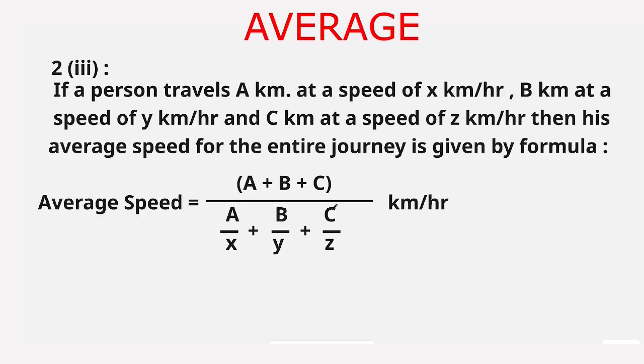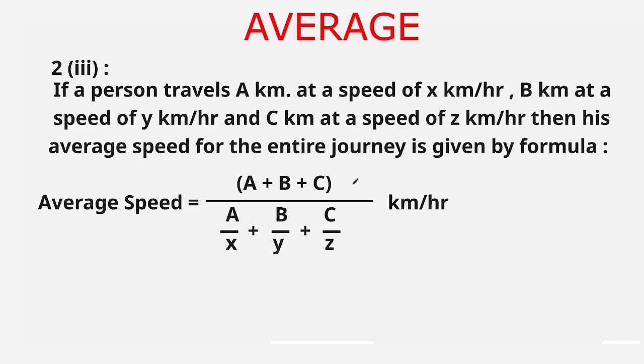It is the time taken to travel distance c at z kilometers per hour. So a upon x is time plus b upon y is time plus c upon z is time. It means it is the total time for the entire journey.